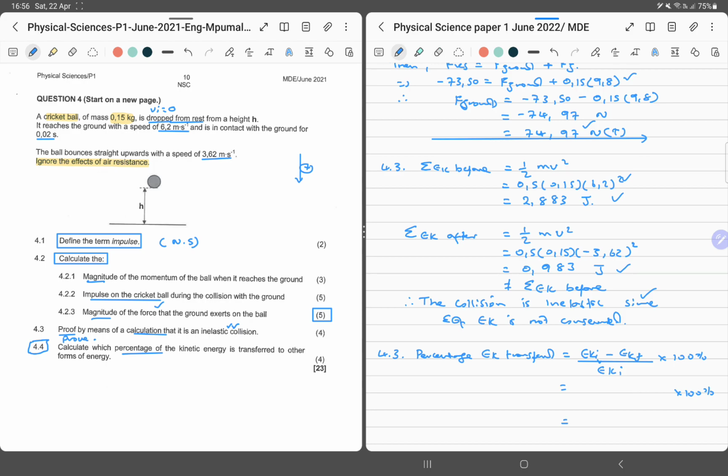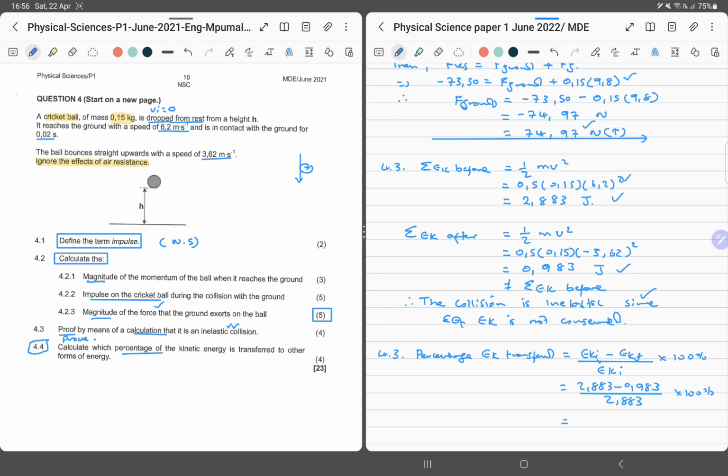So this one is 2.883 minus 0.983, all of that divided by 2.883.